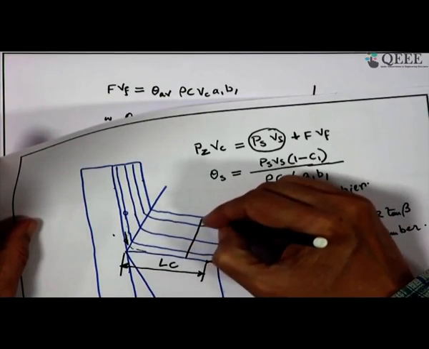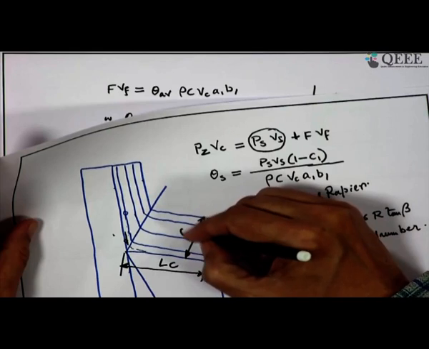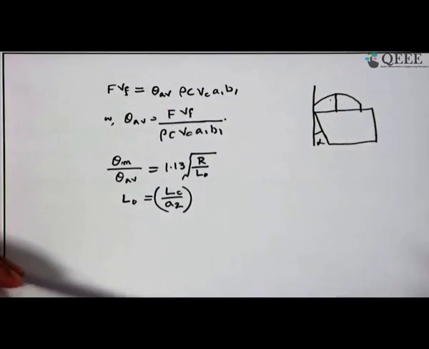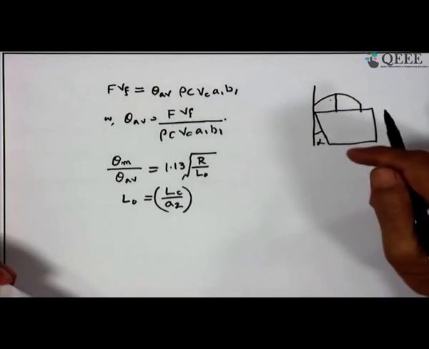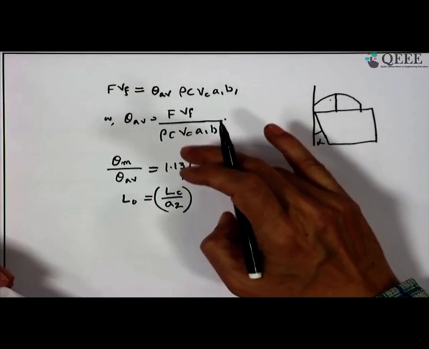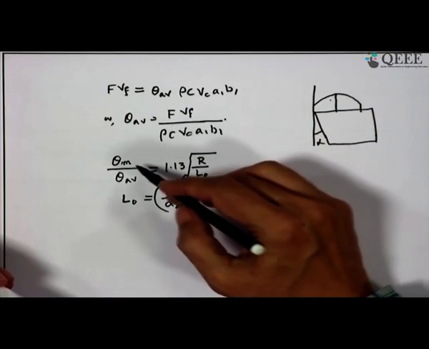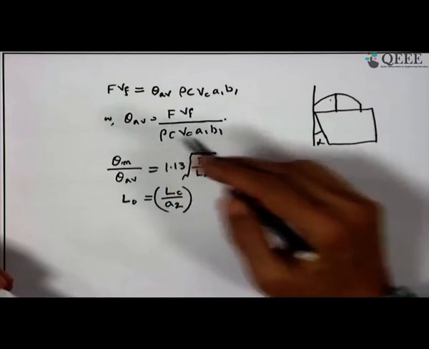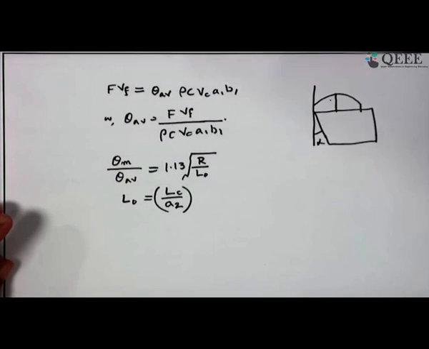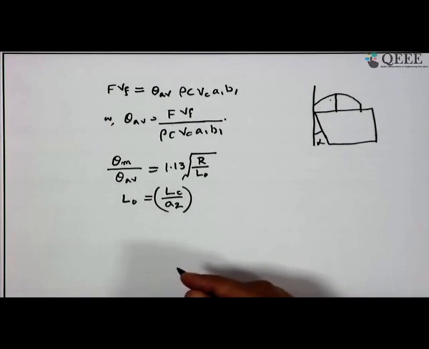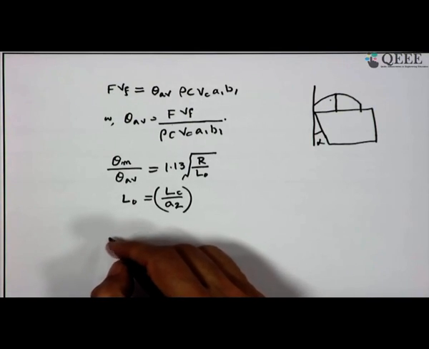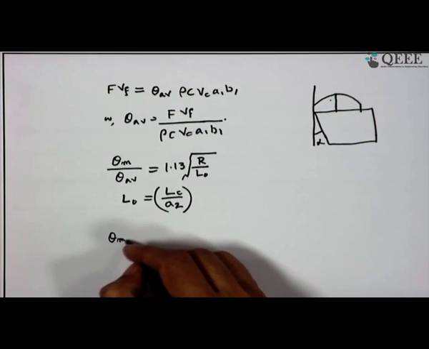And what is A2? A2 is the chip thickness. So, the contact length by chip thickness becomes one coefficient and it goes into the root R by L0, and that gives you the maximum temperature. So, finally, what we see is that the final maximum rise of temperature would be given by this theta max.